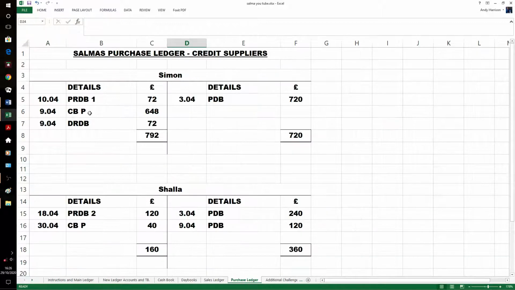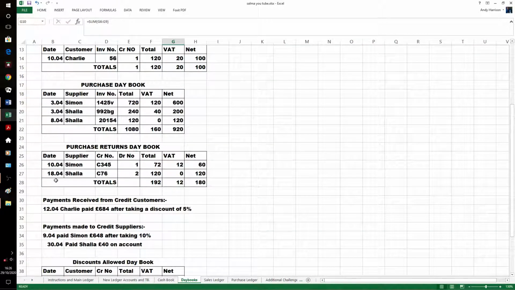In the purchase ledger, notice they've got the individual dates of the individual transactions. So there's our purchase, there's one of the returns, and these are payments and discounts happening later because it's already completed. So now we've done those, we can do some money from the credit customers and payments to credit suppliers.